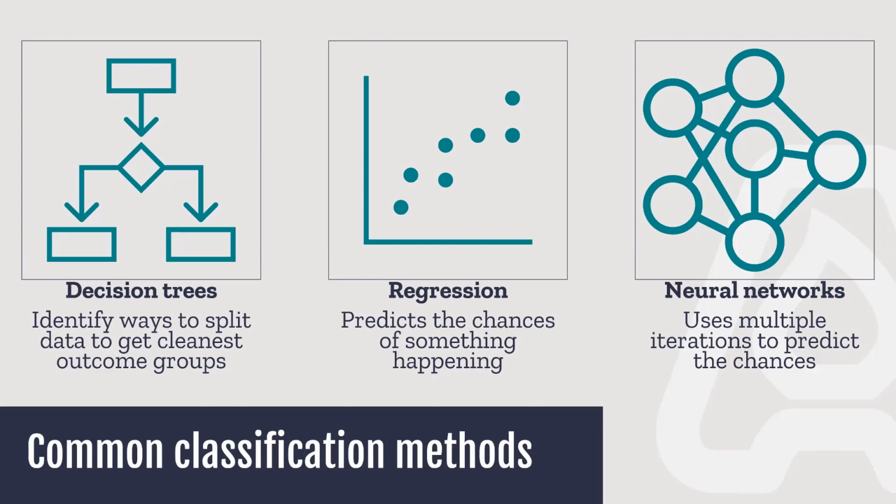Then there's regression. So regression is our classic making a line of best fit. It works across multiple columns and parts of our data, but the idea is it's just trying to effectively build a straight line by default. So whether something happened or not, you can't say something half happened. So it ends up predicting the probability or the odds that something happened.